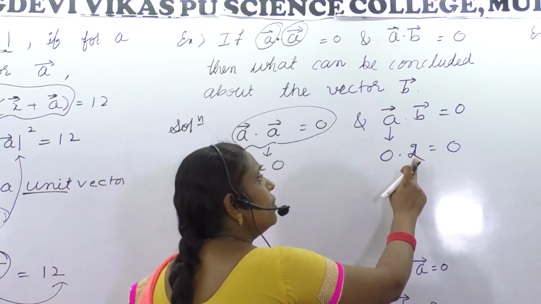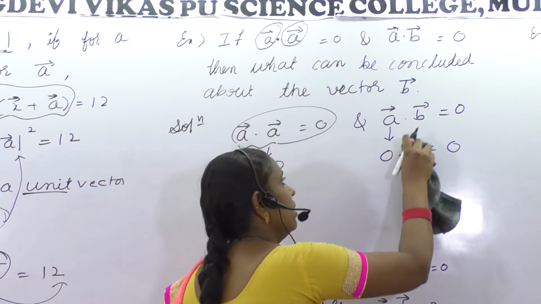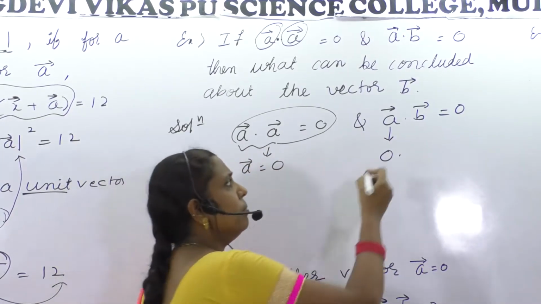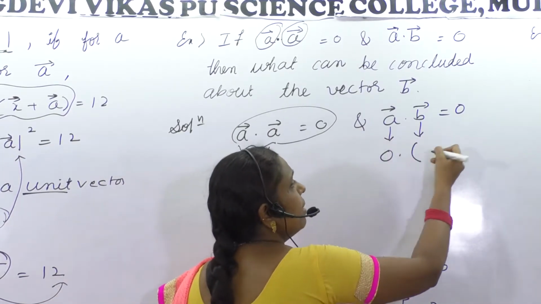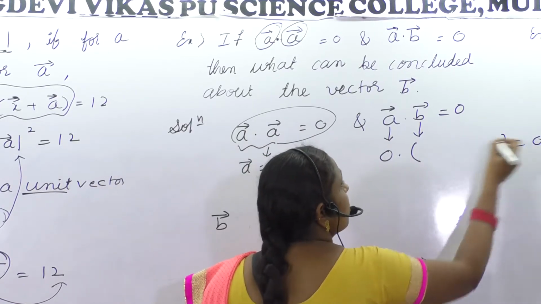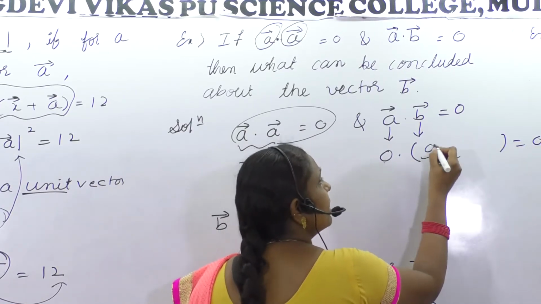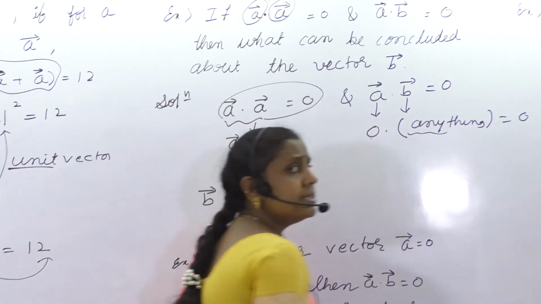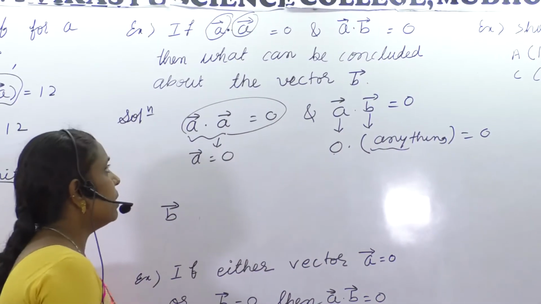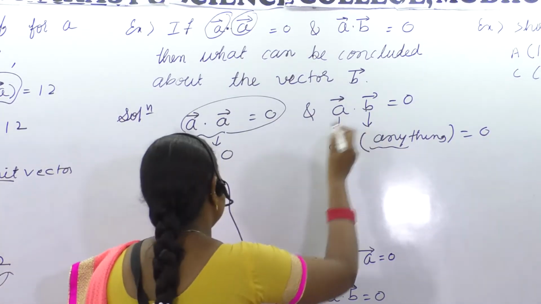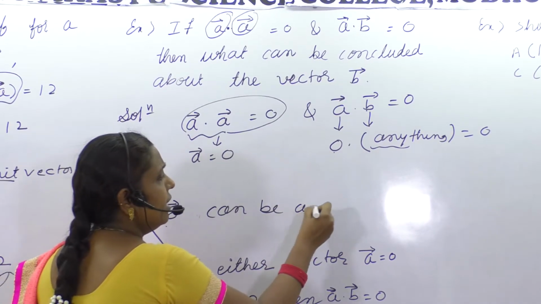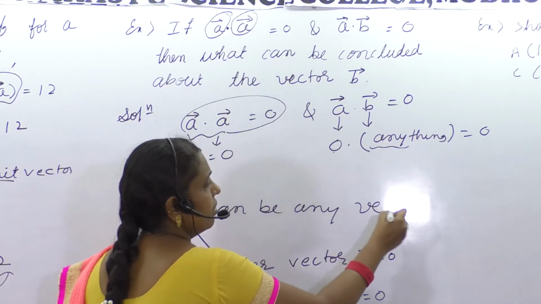If it is 0, then substitute the vector a value as 0. If I take b equal to 1, I am just making you understand with the value, but it should be in vector form. It can be any vector, equal to 0. 0 into anything will turn into 0. So what I mean to say is, b, the vector, can be any vector.